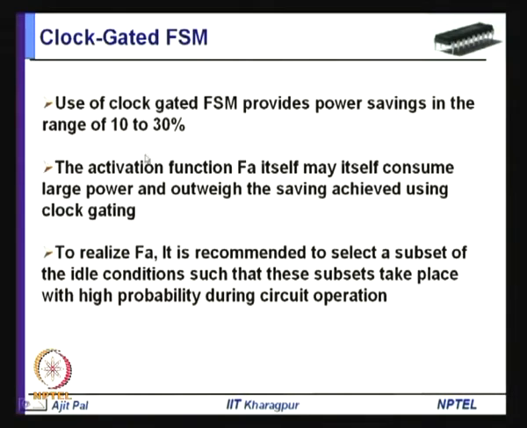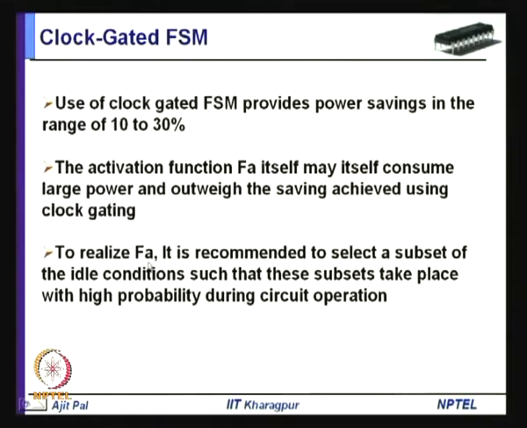So, the power saving that you achieve with the help of this clock gating FSM may be outweighed by the power dissipation of this activation circuit which generates FS. That is the reason why, to realize FA, that is the activation function, it is recommended to select a subset of the ideal conditions such that this subset takes place with high probability during circuit operation.